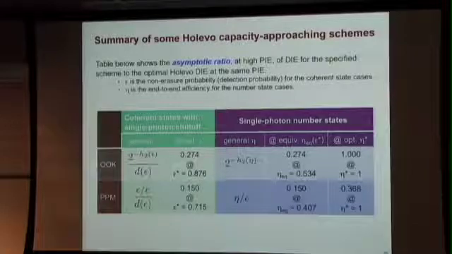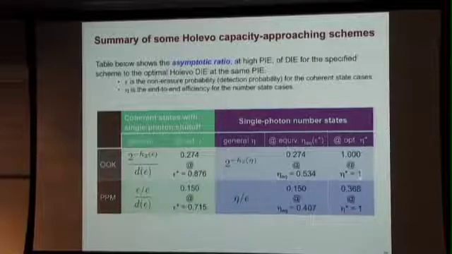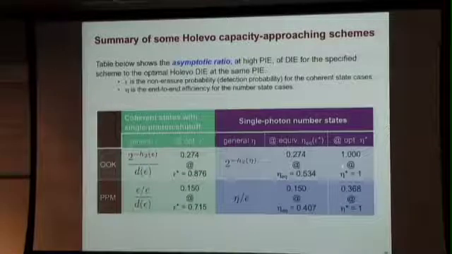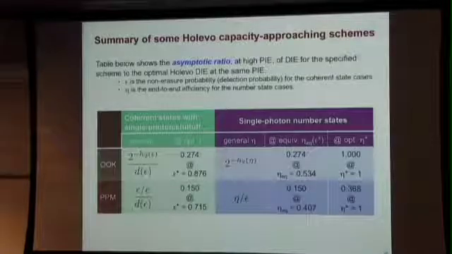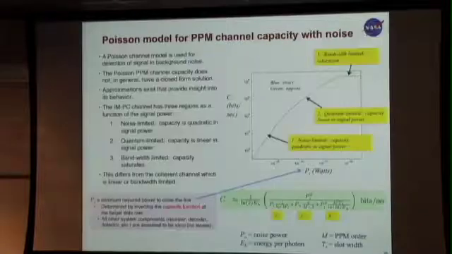It's only multiplicative factors. And the best case is transmissivity 1 for single number states, where you could get up to a factor of 1. With PPM, you can also do PPM modulated number states, and you never get there even with perfect transmissivity. You only get to 1 over e. With single photon shutoff, because of the bandwidth penalty, these ratios are a little bit less.